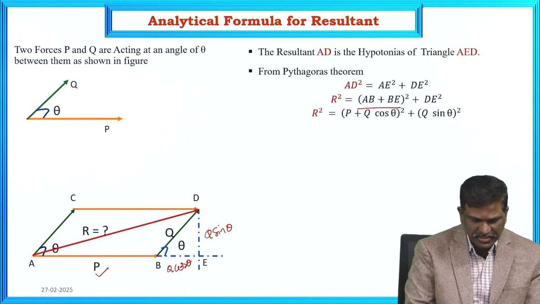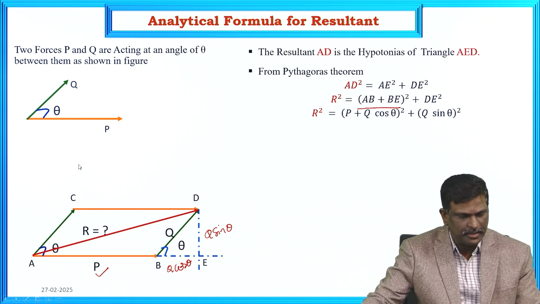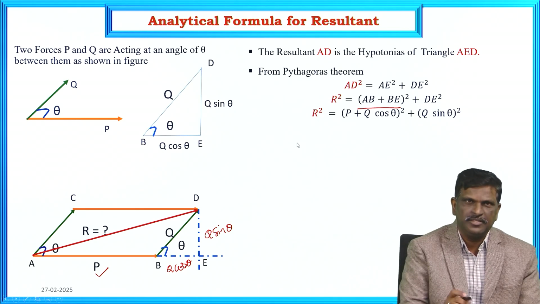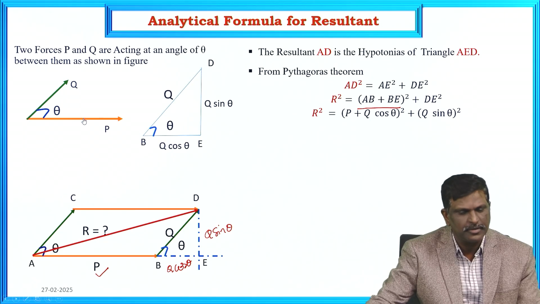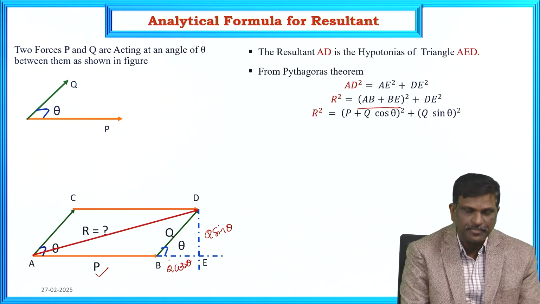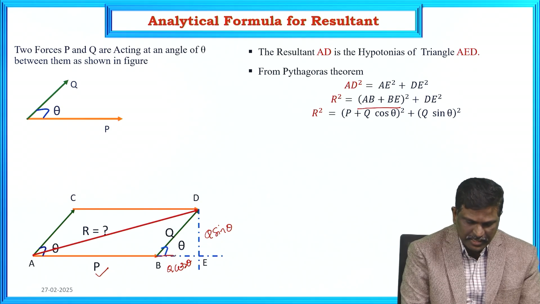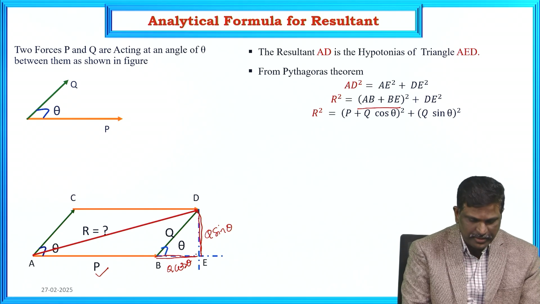To know this, just consider the right angle triangle BED. See this triangle BED. In this right angle triangle, we can see the adjacent side is BE and the opposite side is DE. So from this right angle triangle, we can find BE and DE.